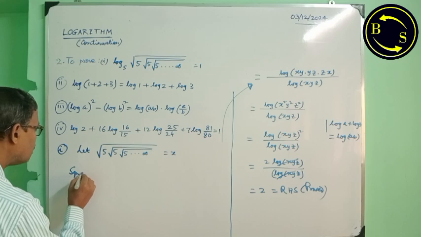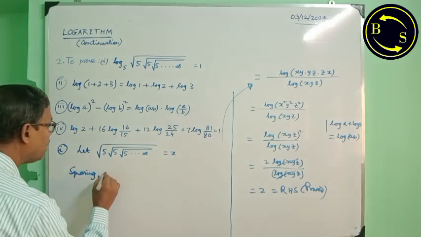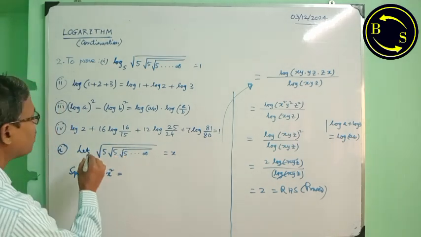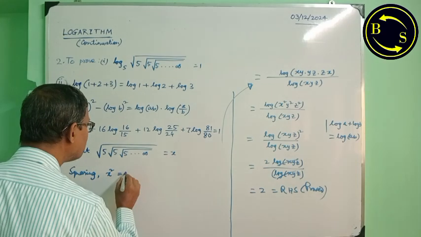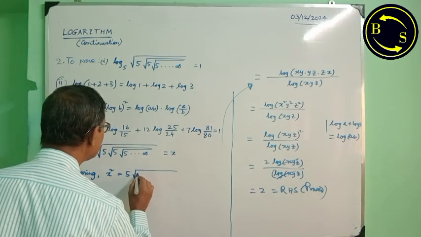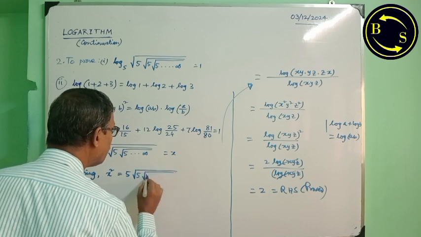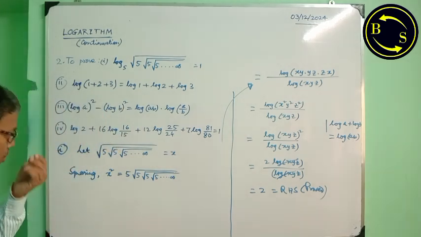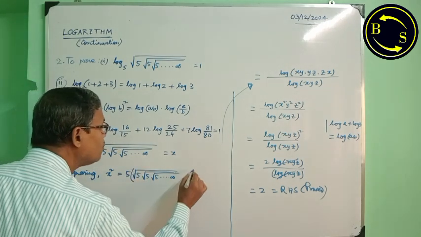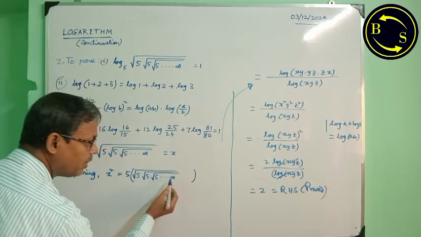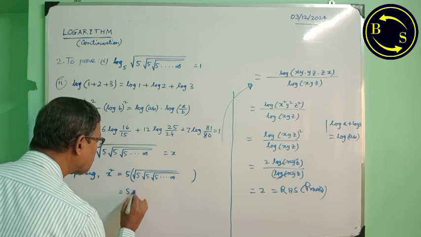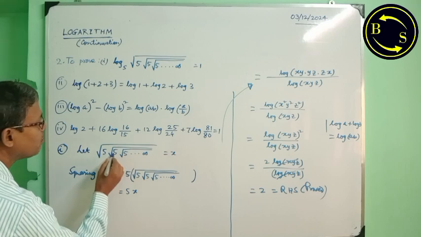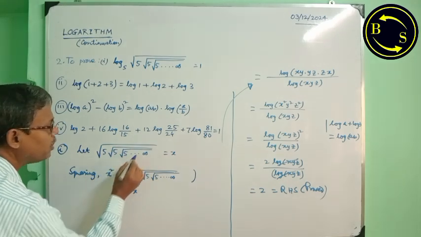Let this be x. Squaring, x squared equals 5 times the same infinite product, which is 5x, since x is the square root of 5 into square root of 5 into square root of 5 up to infinity.